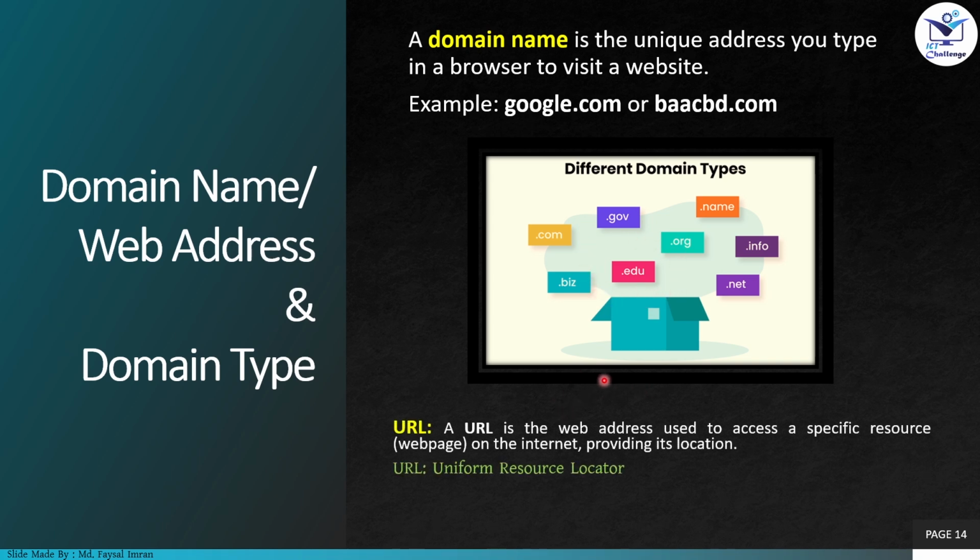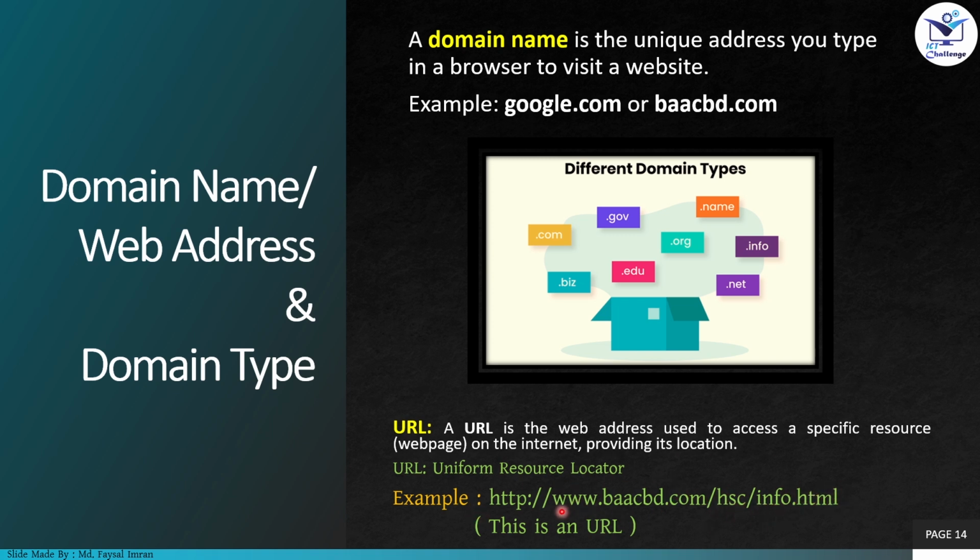So now we have to talk about URL. What is a URL? A URL is the unique identification of a web page. A URL is a specific location of a web page, like www.backberry.com/hsc/info.html. This is a URL. Backberry.com is our website address or domain. After that, if you click on the HSC button, then if you click on the info.html button, you will get a new web page, and those pages provide you the information for HSC students.